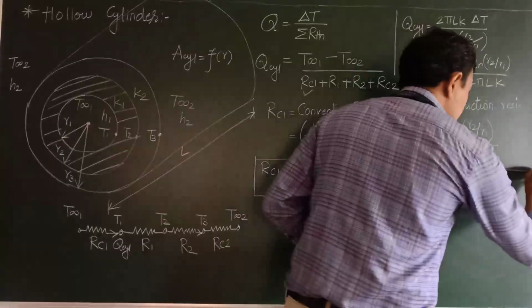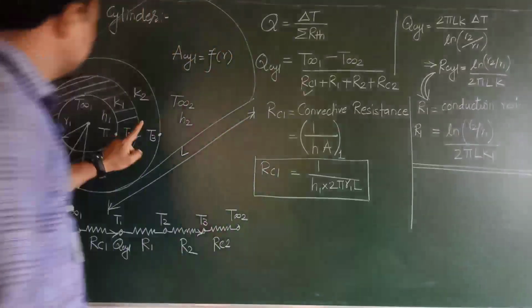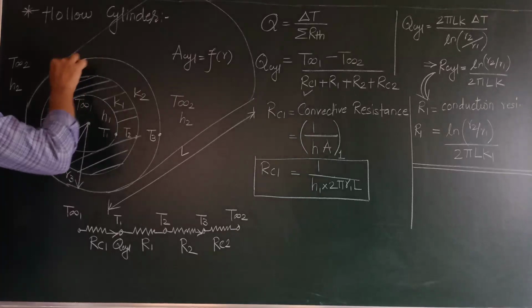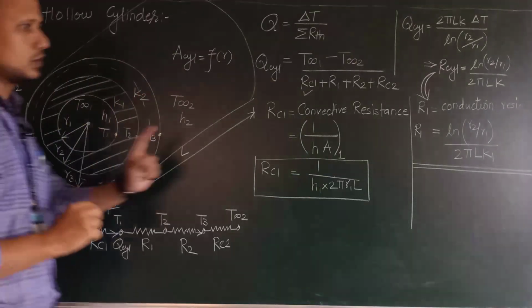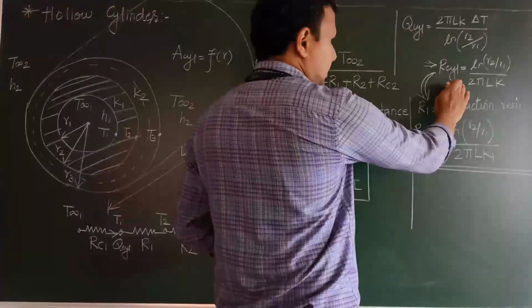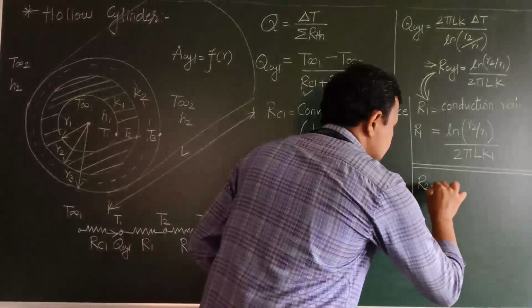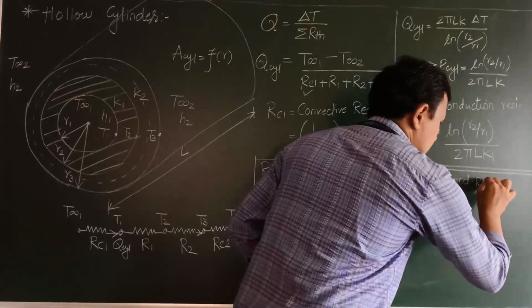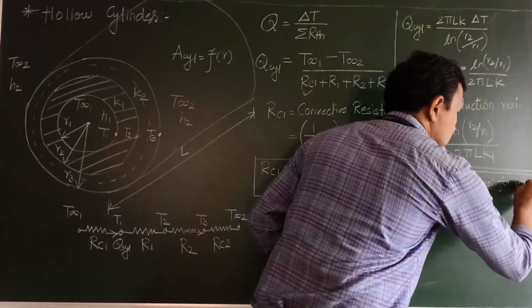But K for this first section is K1. In the same fashion, we can write down the conduction resistance for the second thickness. This is nothing but thickness of insulation. So I am talking about this particular thickness. The basic formula will remain same, only internal parameters will change. R2 is again a conduction resistance for, let us say, second thickness or for insulation.